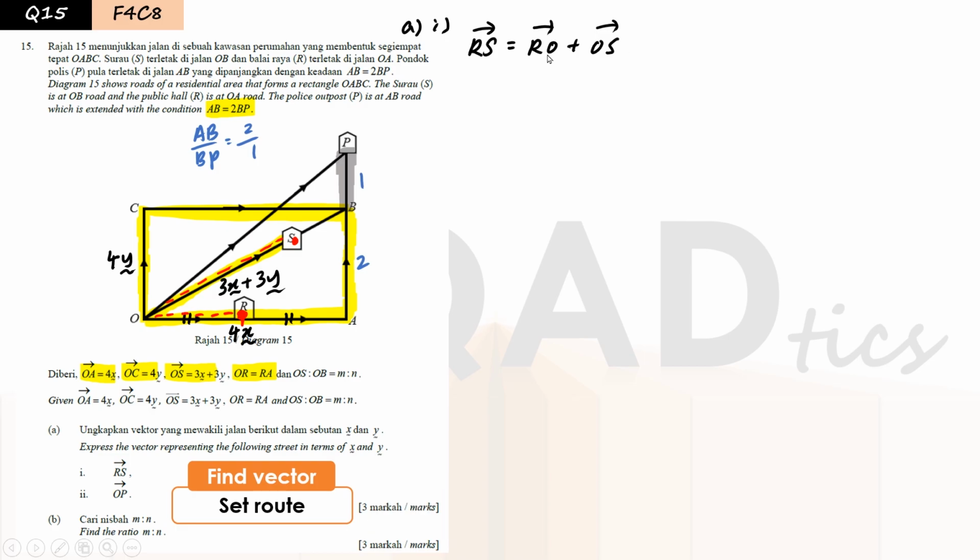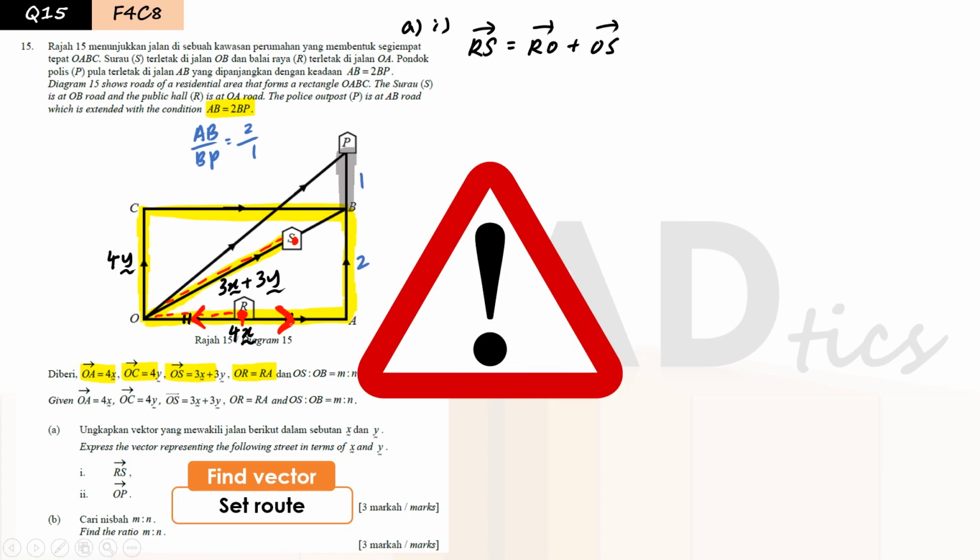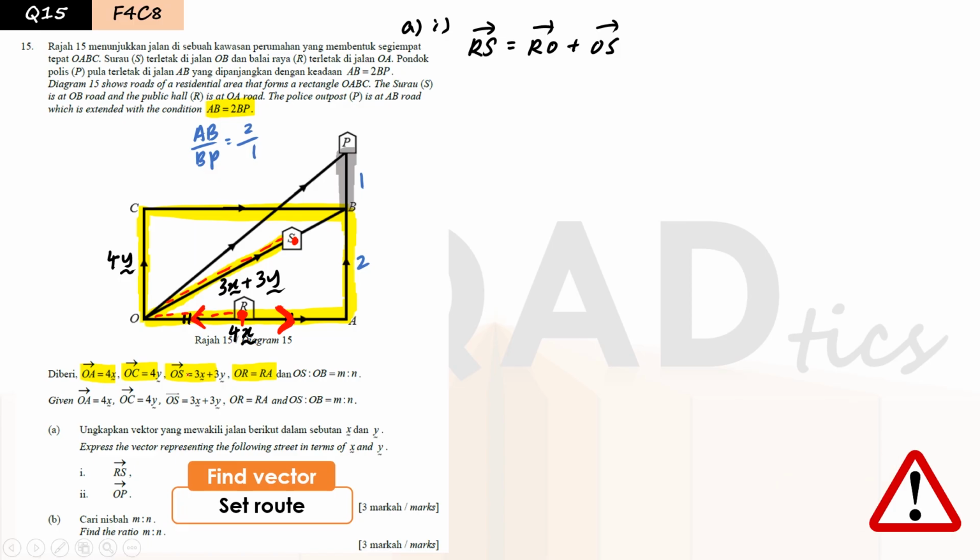Once we set our route, then we can find the value of these two vectors. RO is this line, and we are going to the left. But if you look at the vector given here, which is 4x, it's actually going to the right side. Since we are going in two opposite directions, we need to put negative.